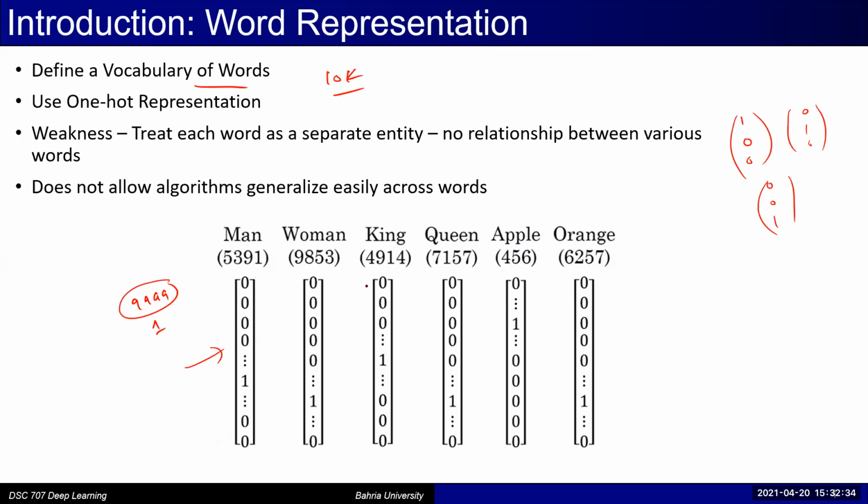When you see this is a word and this is the representation, when it says 5391, it is actually saying that at position 5391 we have a 1 and everything else is 0. This is just a way of representing which is used in the literature, so I have used the same convention. Similarly, if it's the word orange, 456 means that at position 456 you have a 1 and everything else is 0. That way we don't have to write out 10,000 values.